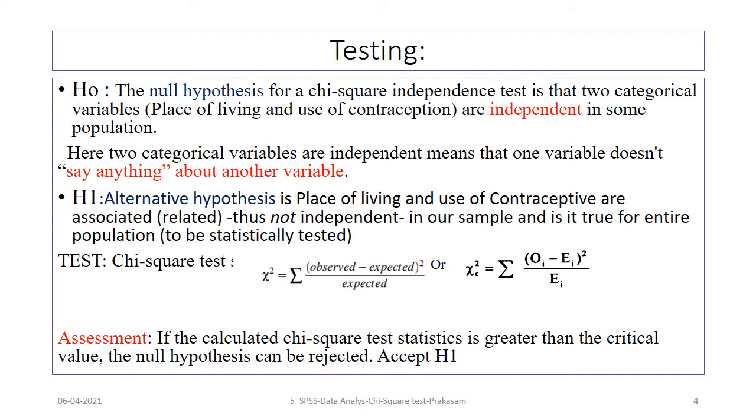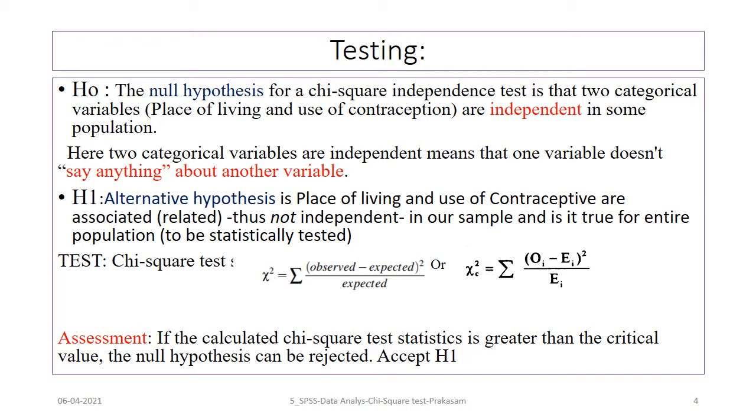Here we will discuss the chi-square independence test. For that purpose, we have to set one null hypothesis, known as H naught, that the two categorical variables, place of living and use of contraception, are independent in the population.